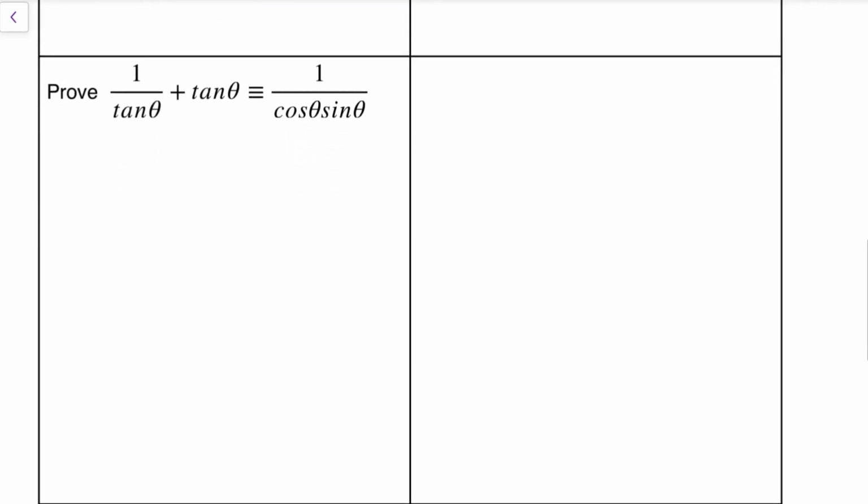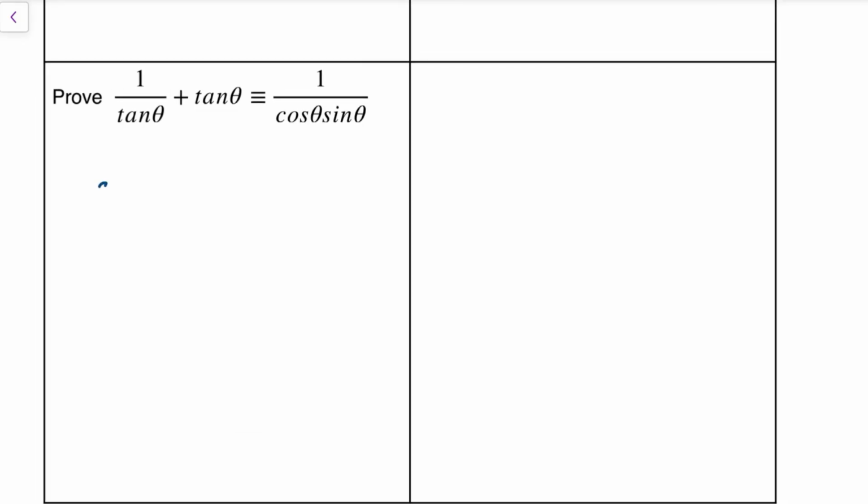Next question. Prove that. Okay. Almost always, especially at further maths GCSE, the way of doing this question is to use sine and cos, and almost always it will work out neatly because you don't know the inverse of sine and cos, you don't know cosec and sec and the other ones yet. So I would tend to start by just writing it as sine and cos.